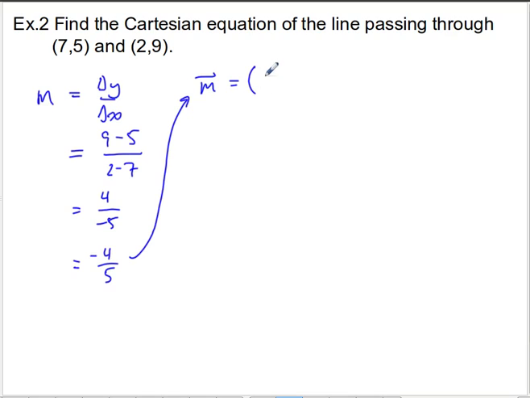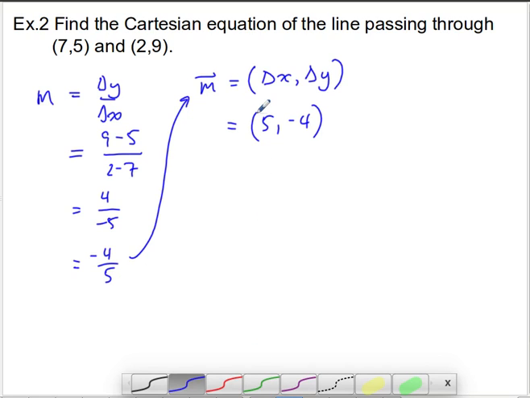And my direction vector is in the form delta x comma delta y. So my change in x in this case is 5, and my change in y is negative 4, because this is delta y over delta x. That's going to be an easy mistake for people to make, so please try to be careful about that.